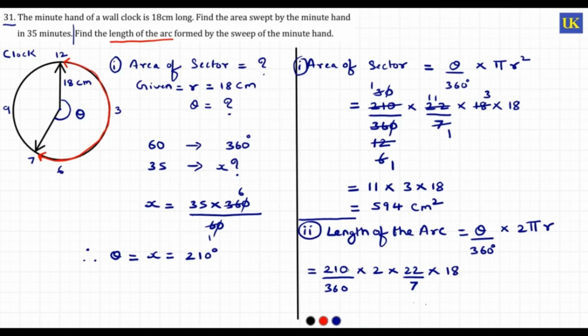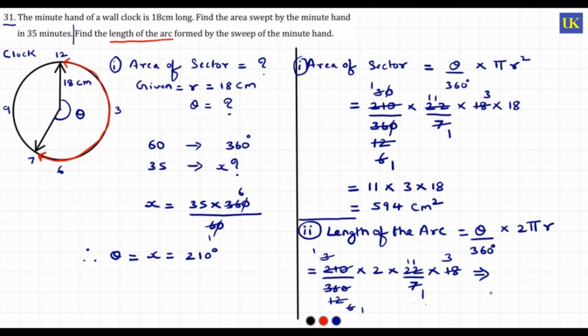Now we will cancel out. We will cancel 0 and 0. Then 7 ones are 7, and 7 threes are 21. 3 ones are 3, 3 twos are 6, 2 6s are 12, and 6 threes are 18. So we are left with 11, and also we have 2.